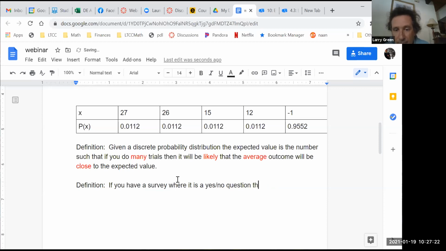Then the probability distribution of the number of yes answers is called a binomial distribution. I'll make it capital.